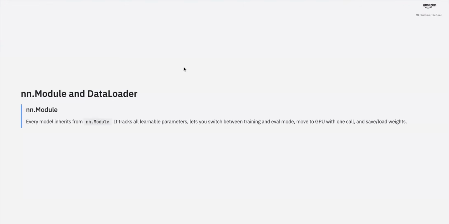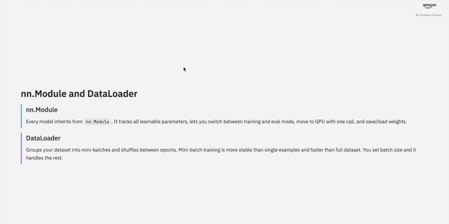Third, we have nn.Module. Every model you build in PyTorch inherits from nn.Module. What this gives you is parameter tracking. PyTorch automatically keeps a list of all the learnable weights in your model. It also lets you switch between training mode and eval mode, move everything to GPU with one call, and save and load weights.